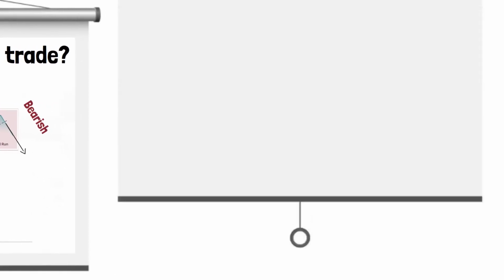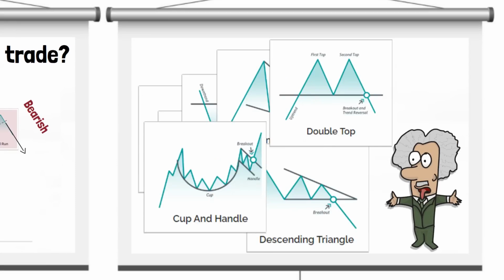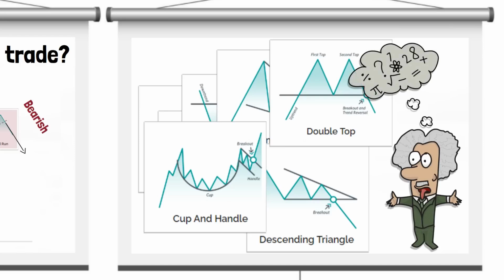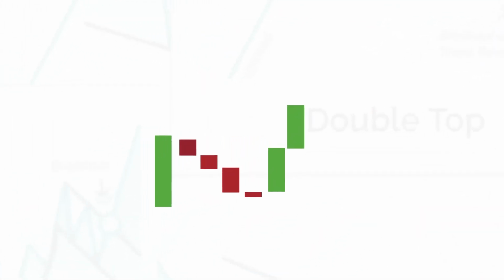Before we look at the probabilities of success for some of the most popular patterns, let's first understand how the patterns themselves only form part of the trading equation and should not be traded blindly. In its purest form, a pattern is made up of numerous price candles, and each candle has its own story.